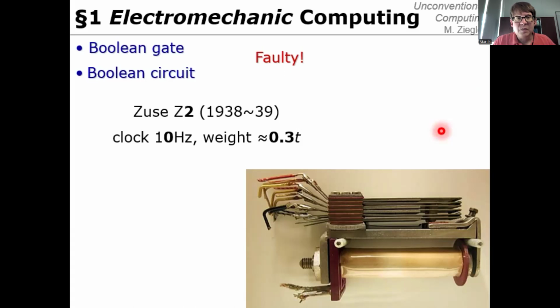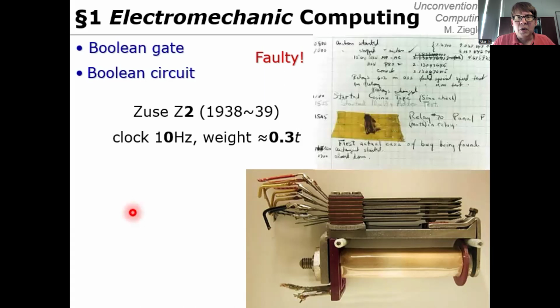But still, there were some errors sometimes, and this is where the famous name computer bug comes from. Not Turing, but in the United States, similar machines were built a little bit later. So here you see a report from a computer operator running such an electromagnetic computer, which would cause a fault.